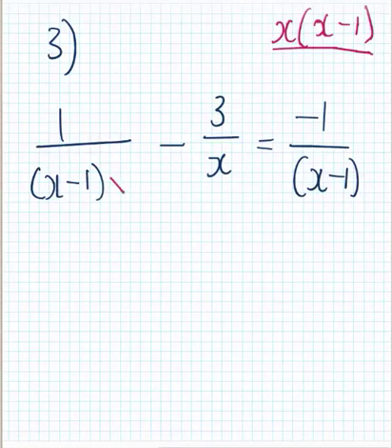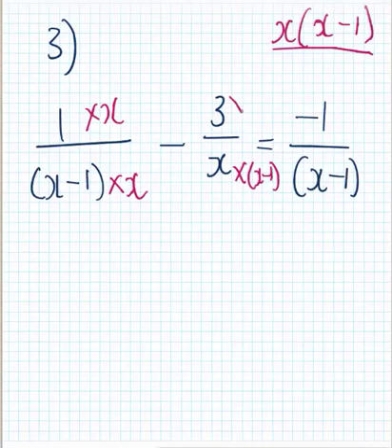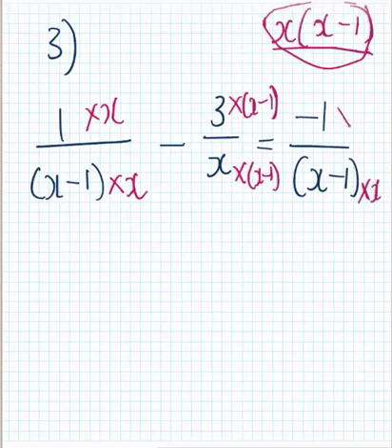So if I times this side by x and times this by x, I'll end up with this. This x has to be multiplied by x minus 1 in brackets. And what you do to the bottom, you do to the top, so x minus 1. And to make this the same as what we've got here, I must times this by x. And we end up with the same denominator, which is this. So let's write it all out.